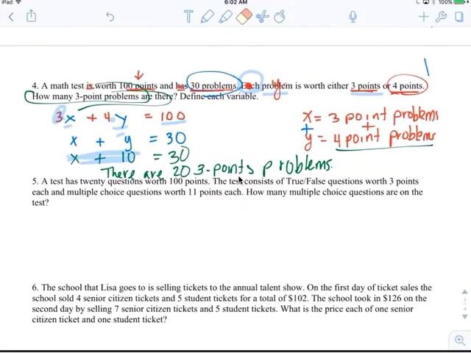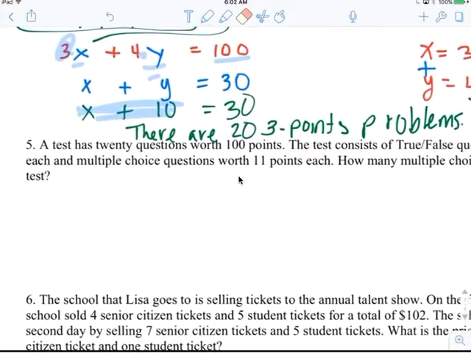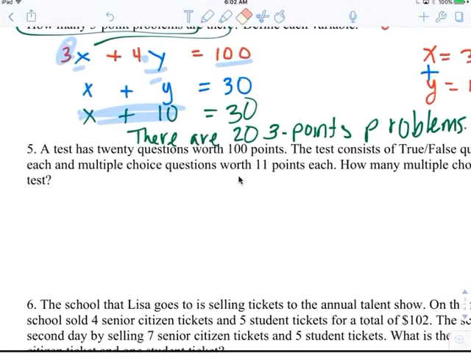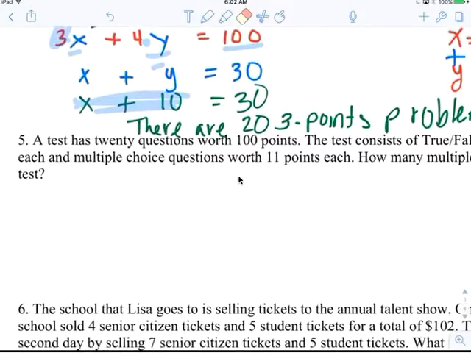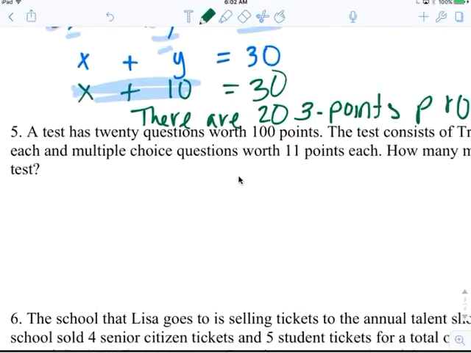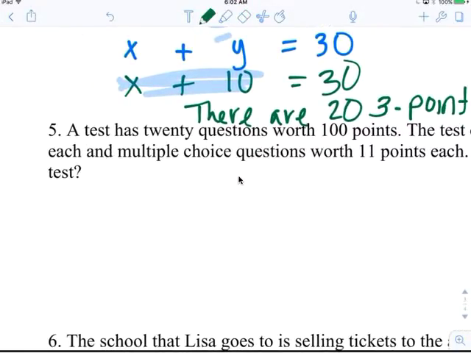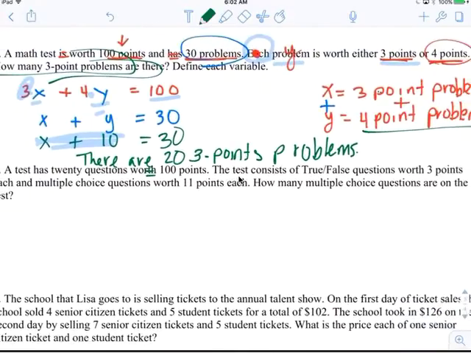Okay, I'll set you up for number 5. A test is worth 100 points. Okay, so a test is worth 100 points altogether. The test consists of true/false questions, which are 3 points each.